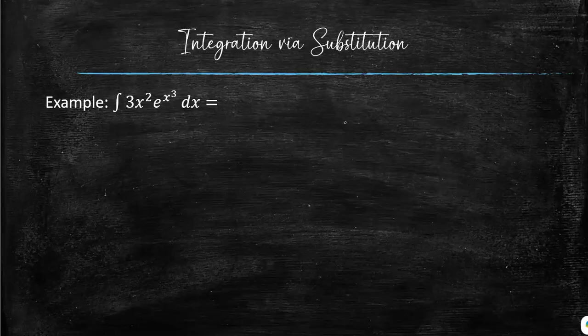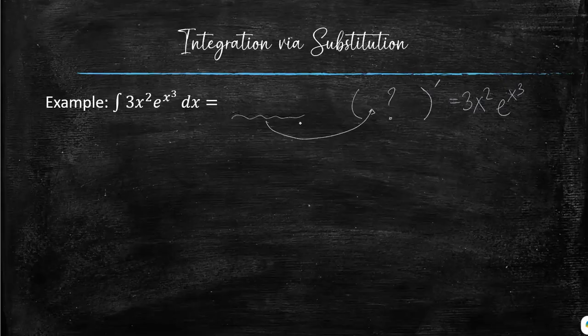Whatever we're going to write here, it's going to be because when we differentiate it, we're going to get 3x squared e to the power x cubed. So can you guess the derivative of what function is equal to 3x squared e to the power x cubed?